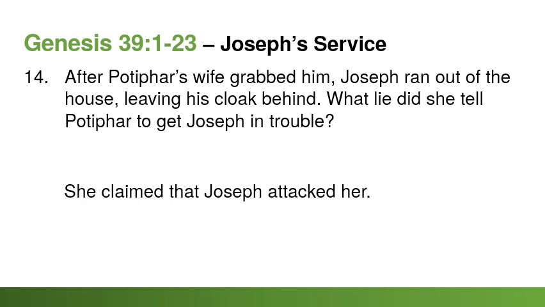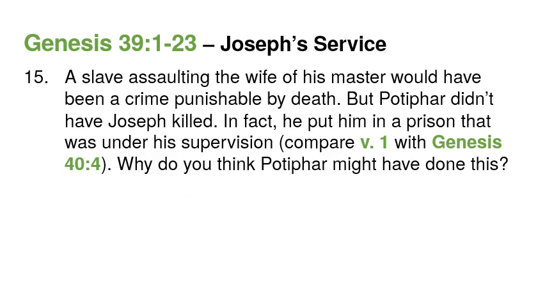So, what is the lie here? Potiphar's wife makes the claim that Joseph attacked her, that Joseph wanted to take advantage of her, that it was him doing this, that he's in the wrong. Obviously, a lie. It's the complete opposite, but that's what she says.